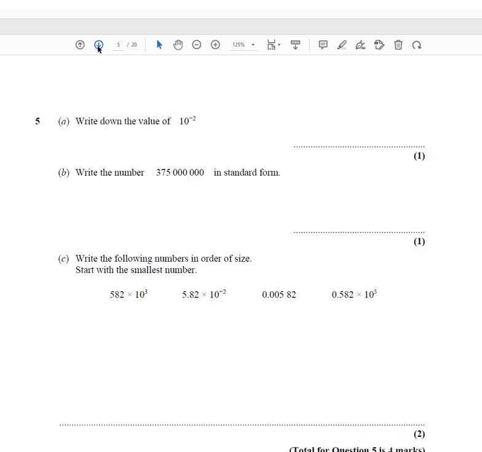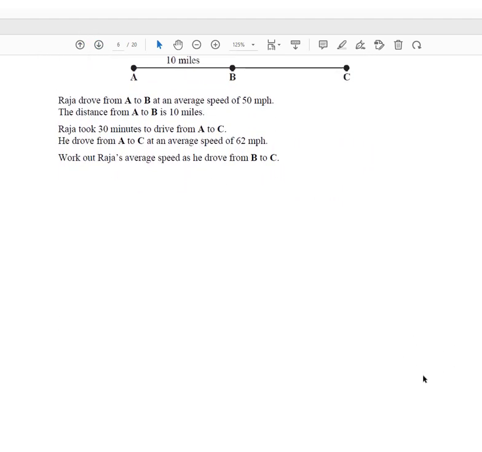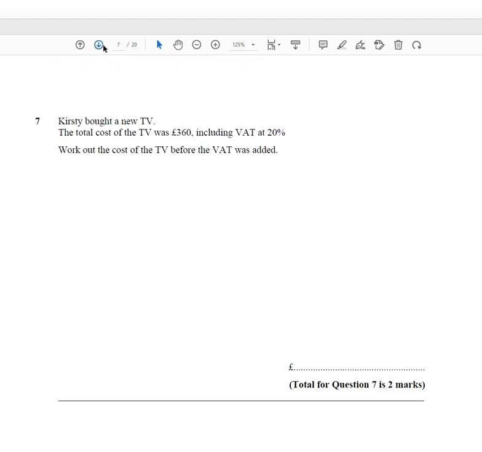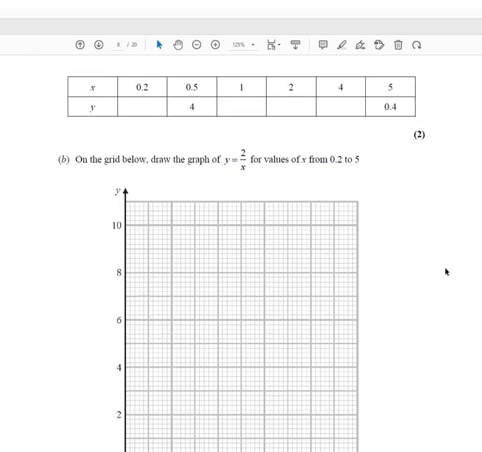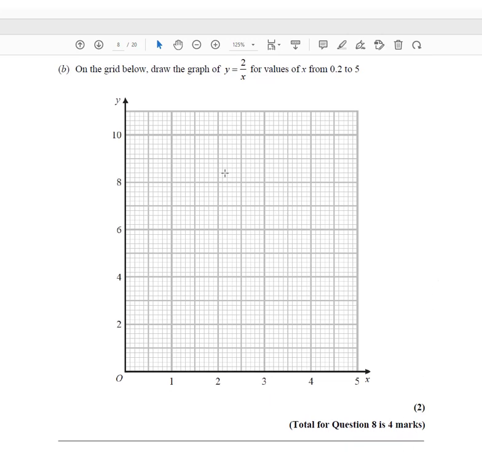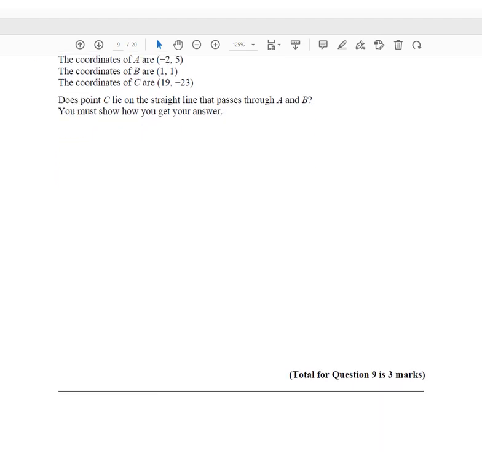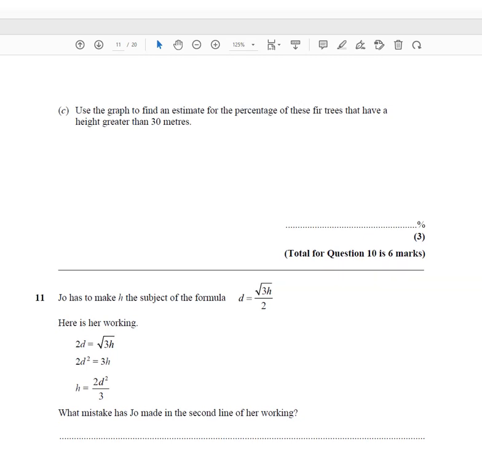We're already on a 4. 17, 18, 19, 20. 24, 26, 28, we're on a 5, 30, 33, 34, 35, 36, and that one there's 39. We're on a 6, easy there.